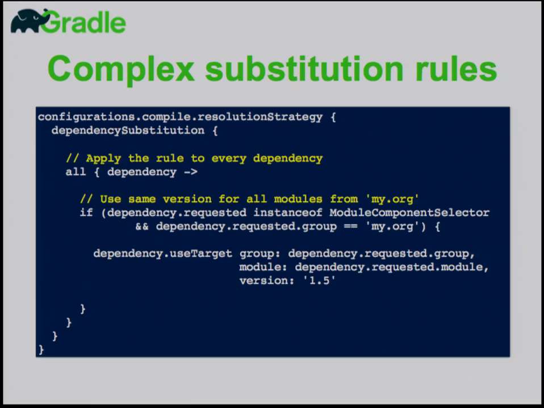So we're giving it a brand new dependency selector here, which is a module component selector defined in the same way that you define the syntax in your dependencies block. So when I do a live demo later, I'll show you how to do this with a project component selector instead of a module component selector.